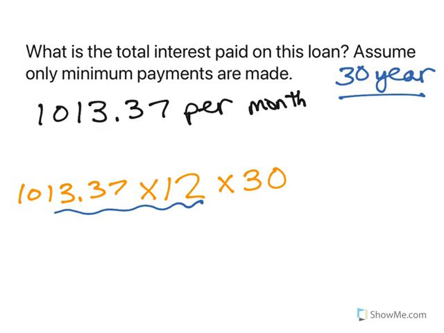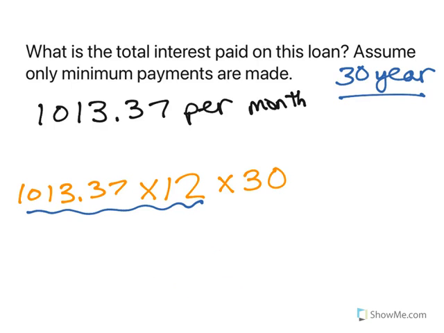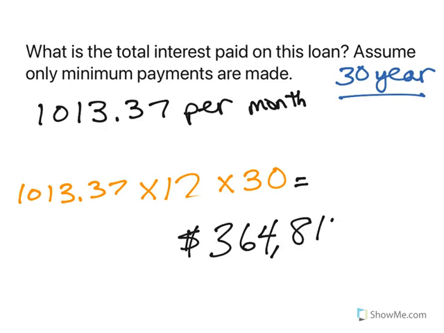This piece gives me the amount for 1 year. Then if I multiply that by 30, that gives me 30 years, the life of the loan. Let's multiply those three together, and I get an answer of $364,813.20.